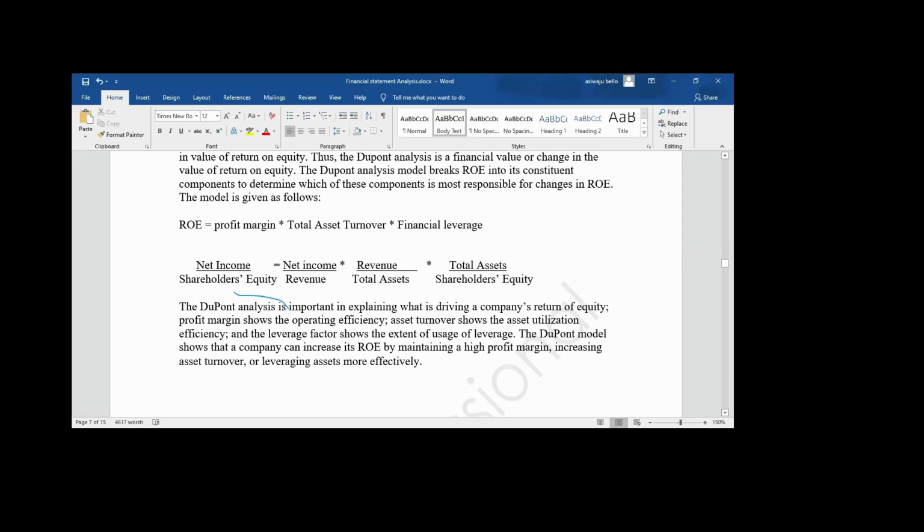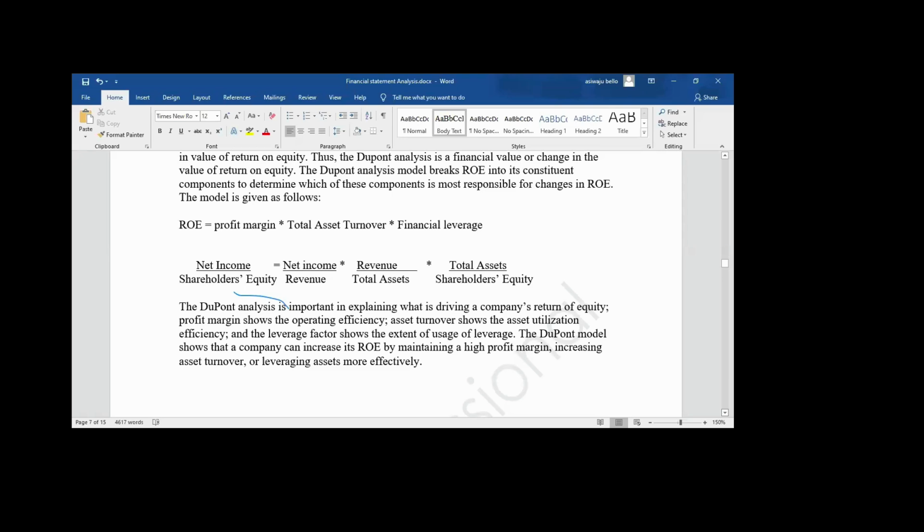Asset turnover shows the asset utilization efficiency. The leverage factor shows the extent of usage of leverage, the extent to which a company has borrowed money to finance its business. That is leverage. These three ratios will explain the change in return on equity.